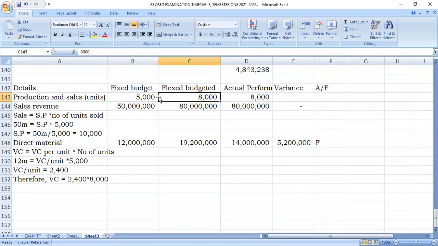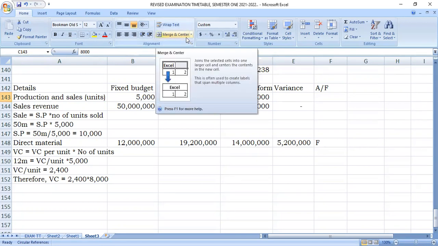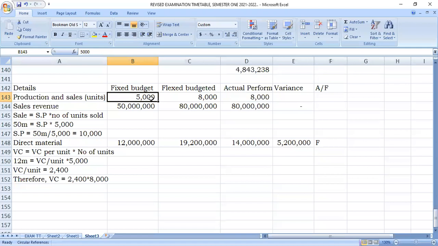Whereas the budget is there, yes, you set your prices and standards, yes. If our level of activity was just 8,000, let the budget match the level of activity. Let us have the same heights and then you compare us together. This is why the flexible budget is coming in. You're flexing it. I don't know whether I've made it clearer or even I've worsened the situation. But basically we're saying you can't compare 5 and 8 together. Let 8 and 8 compete. And that's what you're trying to do.